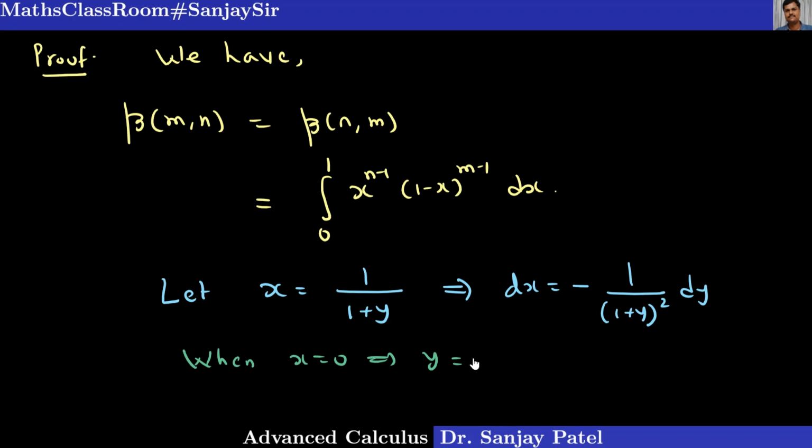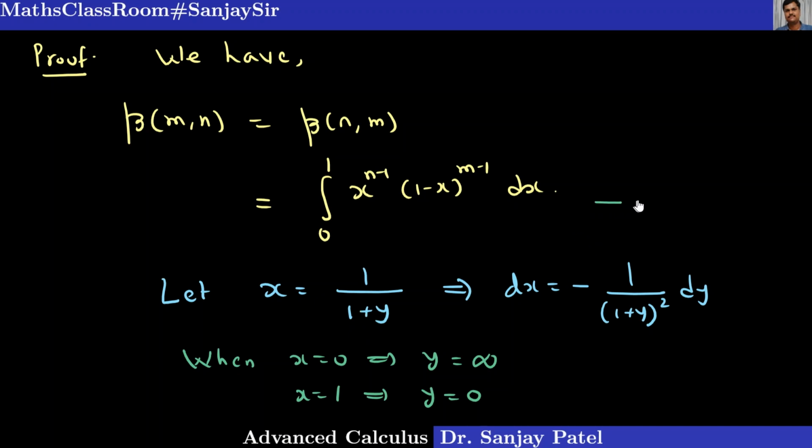That means y must be infinity. And when x is equal to 1, 1 upon 1 plus y is 1, that means 1 plus y is 1 and hence y equal to 0. So the new limits you can calculate using this relation between x and y.